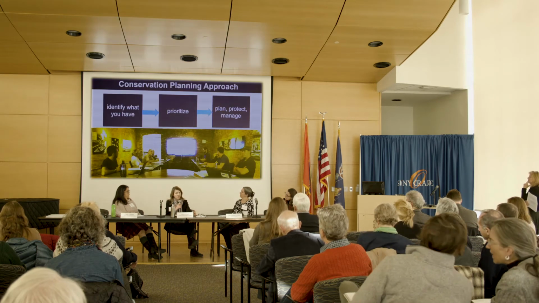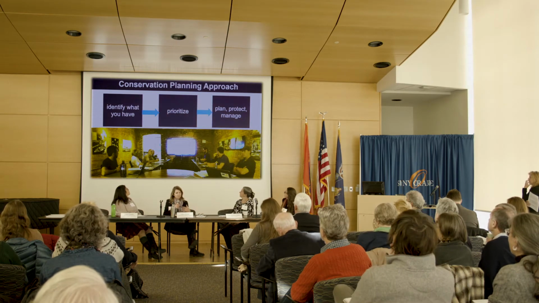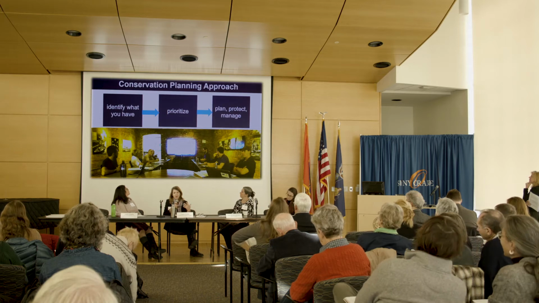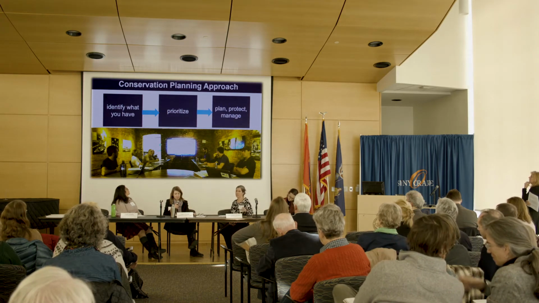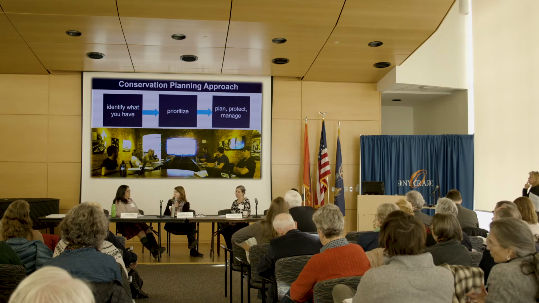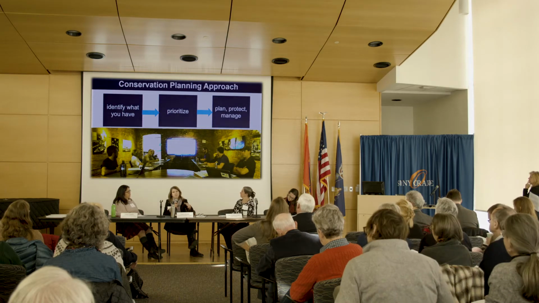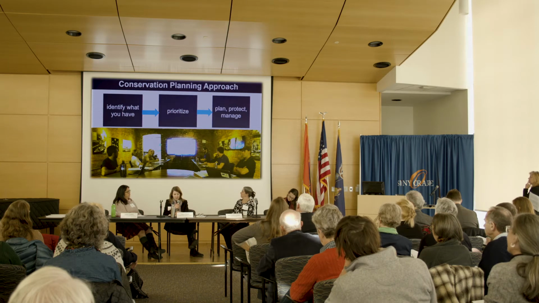And so the conservation approach that I'm sure many of you involved in land protection or any sort of conservation work follow, and what we've been encouraging communities to do, is to first just identify what you have, use that information, as Carla has talked about, to then set priorities, and then finally use those priorities to plan, protect, or manage what your community cares about.